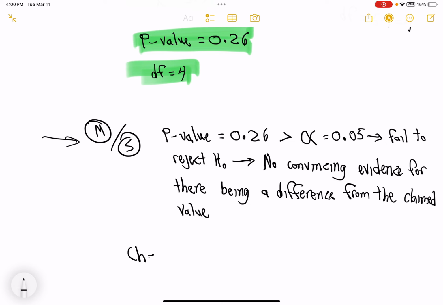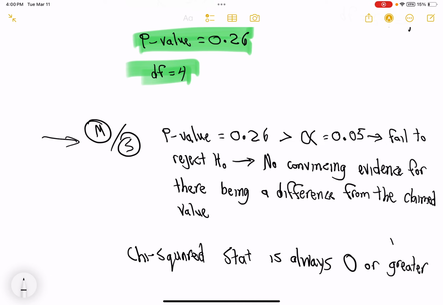Your chi-squared stat is always 0 or greater. It's positive, right? Remember also that as degrees of freedom go up, chi-squared becomes more normal, less skewed. As degrees of freedom go down, chi-squared stays relatively right skewed.